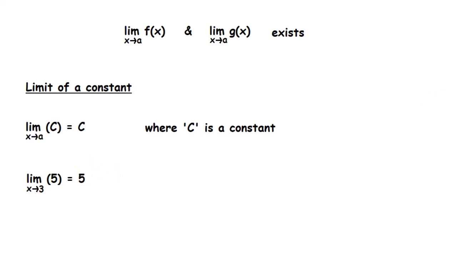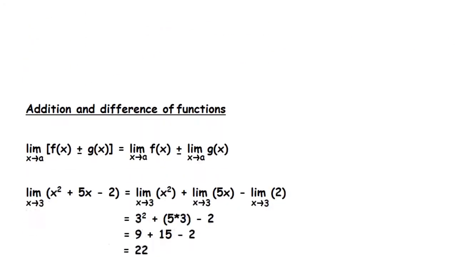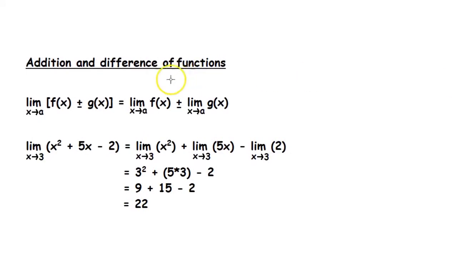The second property is the addition and difference of functions. When we are given a sum of two limits, we can separately find each limit and then add them together. This is the same situation when we are finding the difference. We can assign the limits separately to each function and then subtract and get the final value.